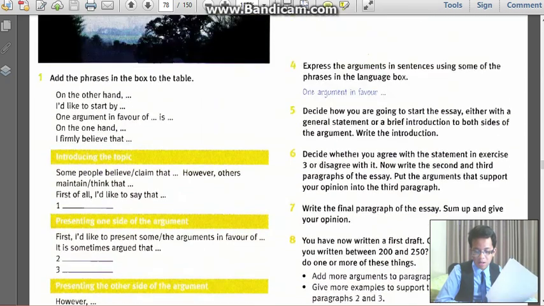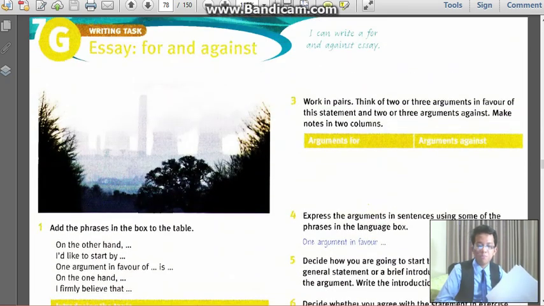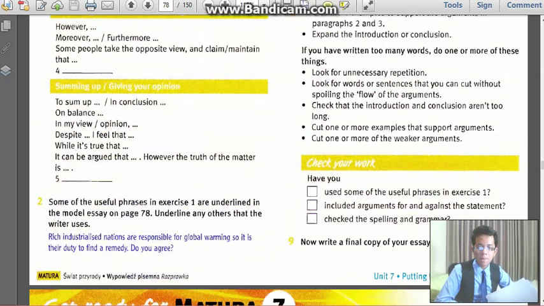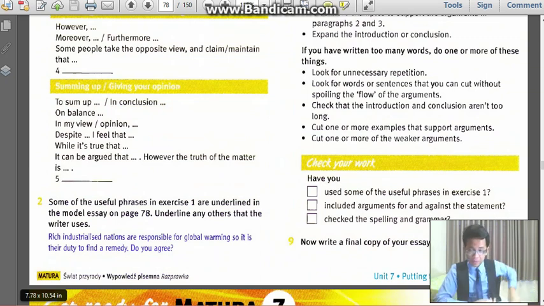They didn't even print the statement. Oh, right down here. The statement colored in blue is the one that you agree or disagree with. So now let's read it.